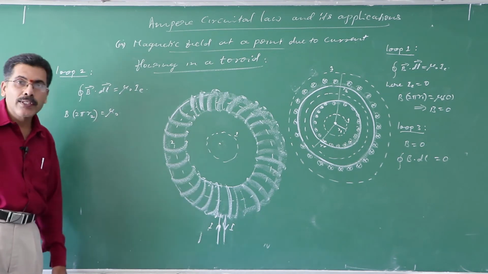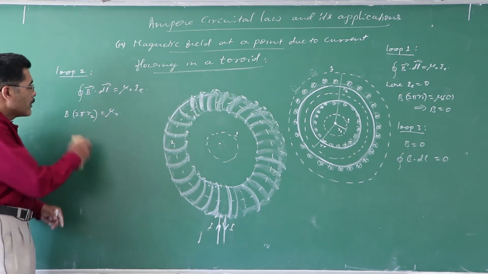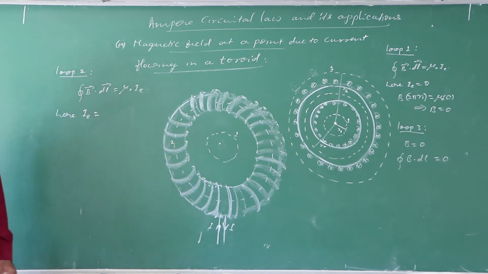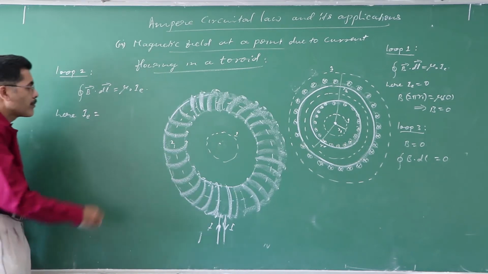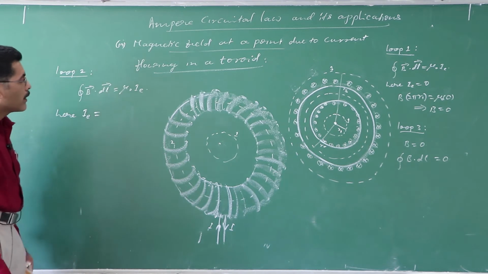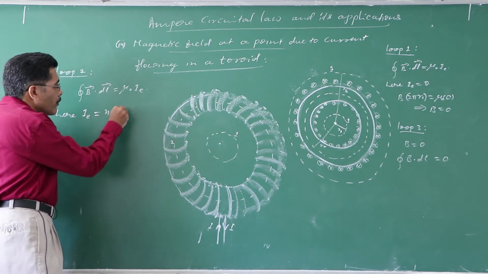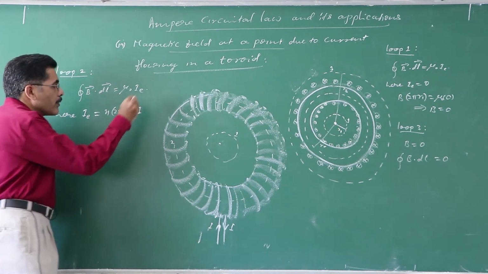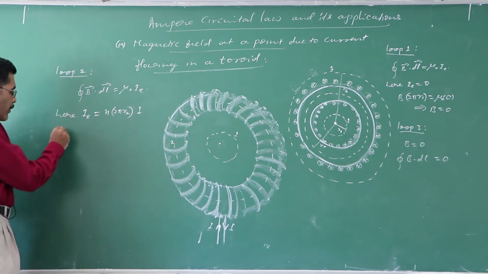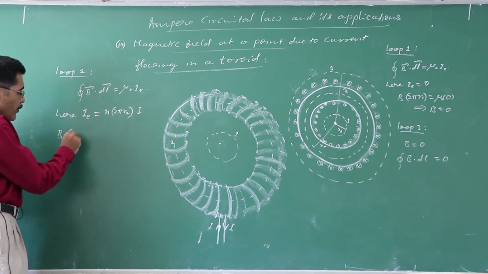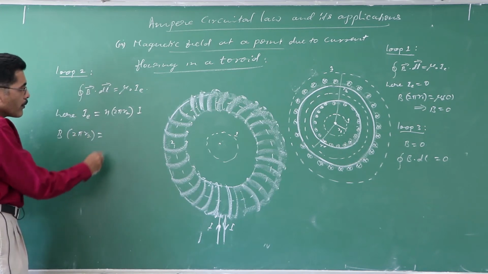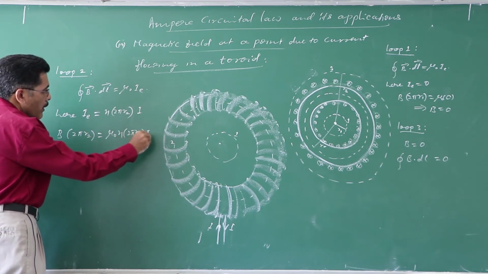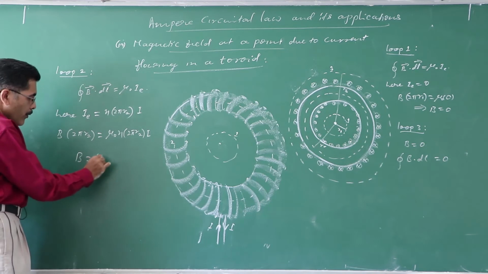Therefore I_E is equal to n into 2 pi r2, which gives the total number of turns, into I. So B into 2 pi r2 is equal to mu naught into n into 2 pi r2 into I. What remains? B is equal to mu naught n I.